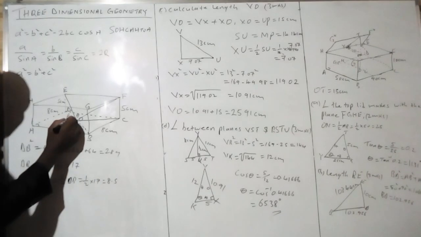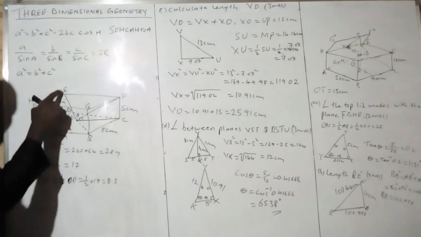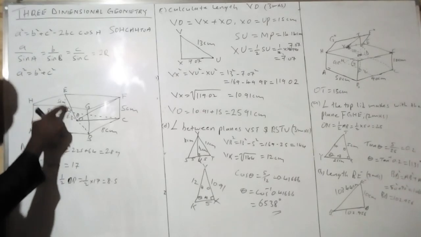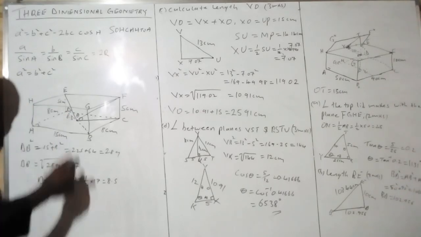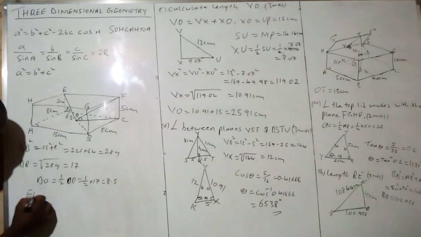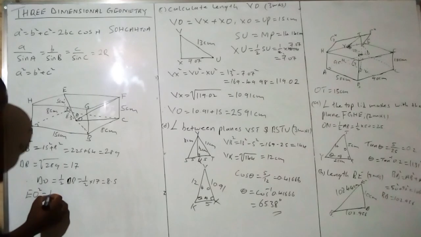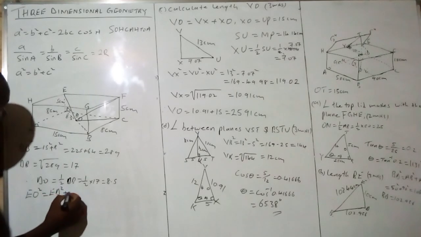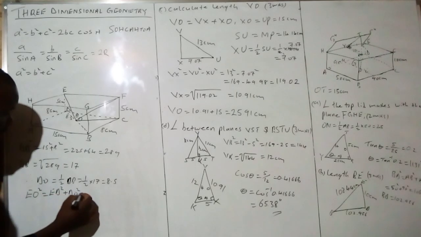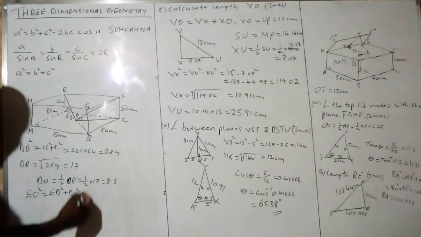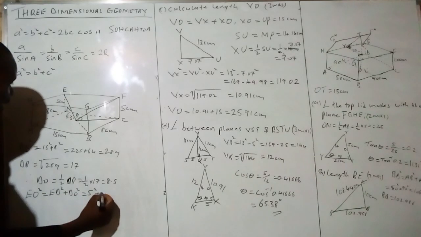Now that we know ED and DO, we can first of all get EO. EO squared is equal to ED squared plus DO squared. ED is 5 squared plus DO, it's 8.5 squared.